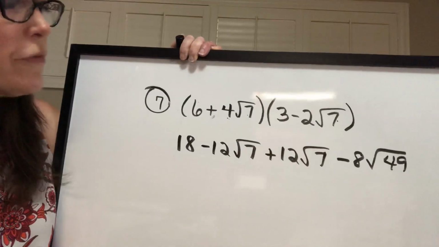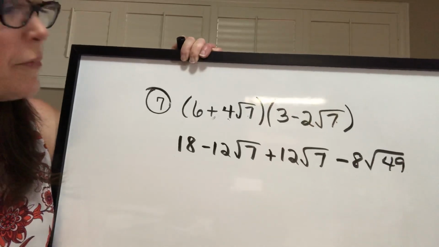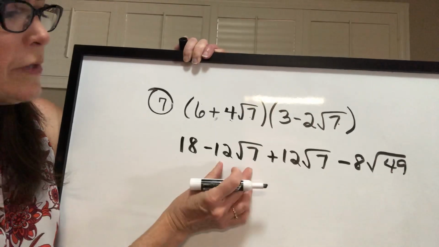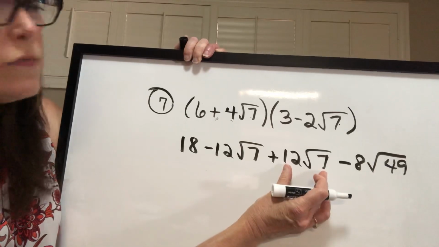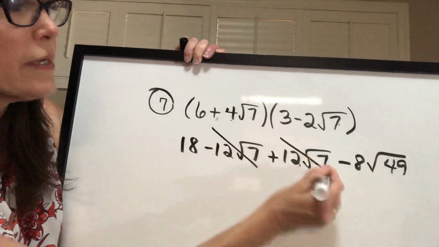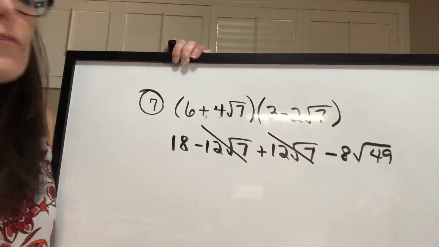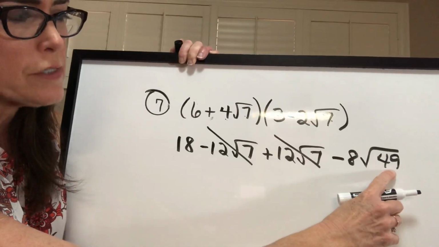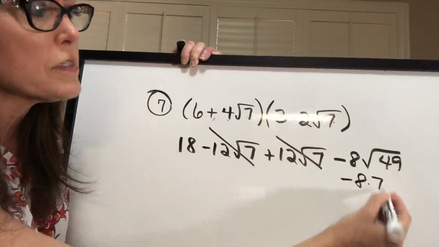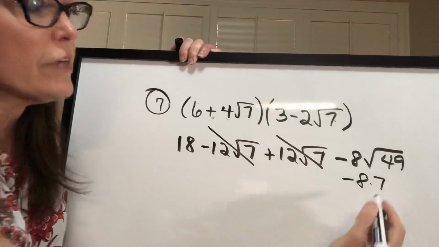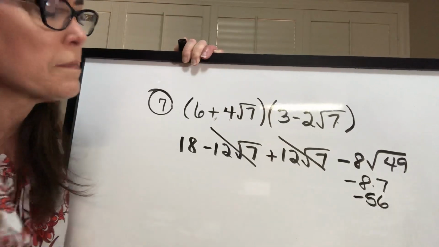Okay, then you're going to go back through and simplify what you can. So there's a couple of things that can happen. Notice in the middle that one is negative 12 square root 7 and the other one is positive 12 square root 7. Those will cancel out. The other thing is at the very end, 49 is a perfect square. It's 7. So really it's negative 8 times 7 at the end, and negative 8 times 7 is negative 56.